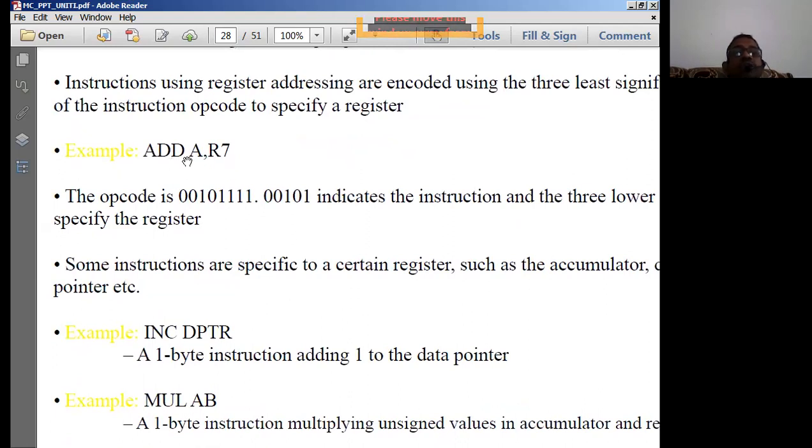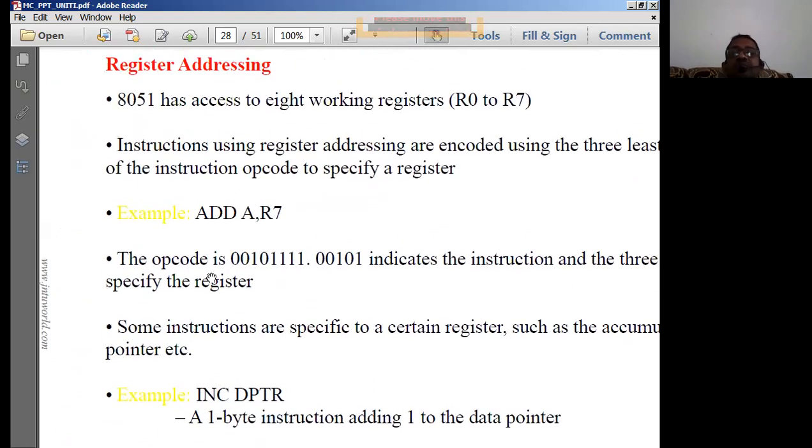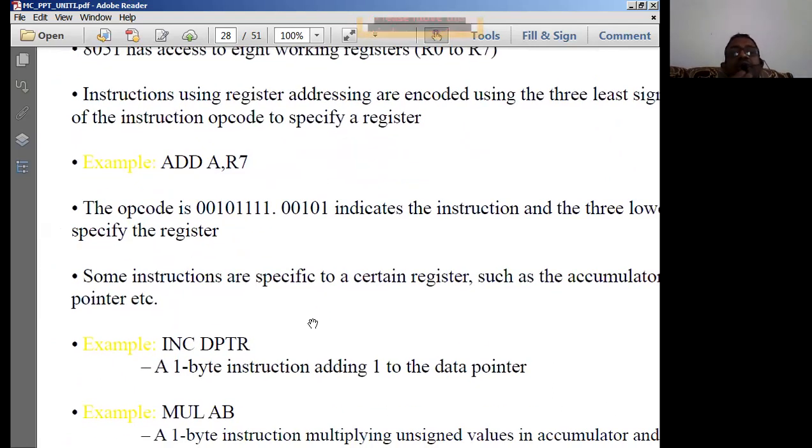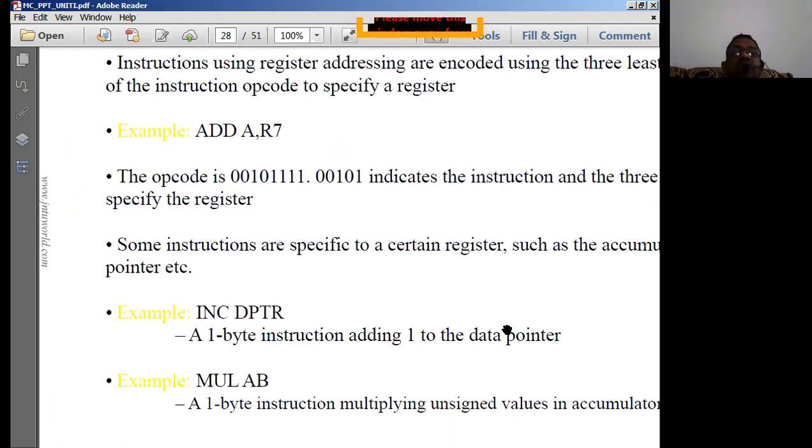If you use only registers here, it is known as the register addressing mode. Using this mode, it accesses the data into the accumulator.